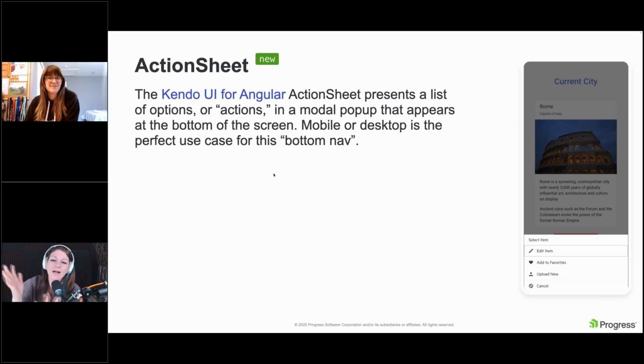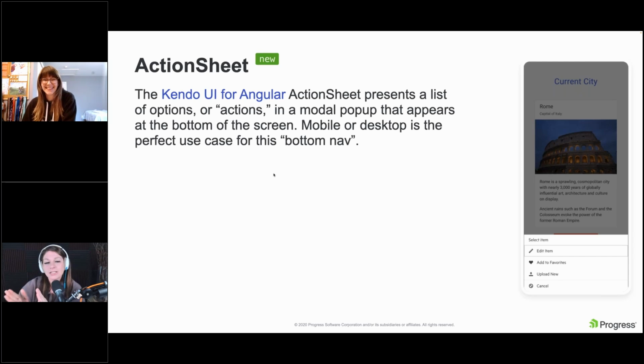So I call it the bottom nav, but it is an action sheet across, I think, all of our products. I think jQuery actually already has this, do you have this? Does React have it? We got it in this release. Okay, come back to me in about half an hour and I'll talk about it. Nice. Yes, so jQuery already had it. I'm not sure about Vue. We'll have to ask our special guest when he comes on if it has it.